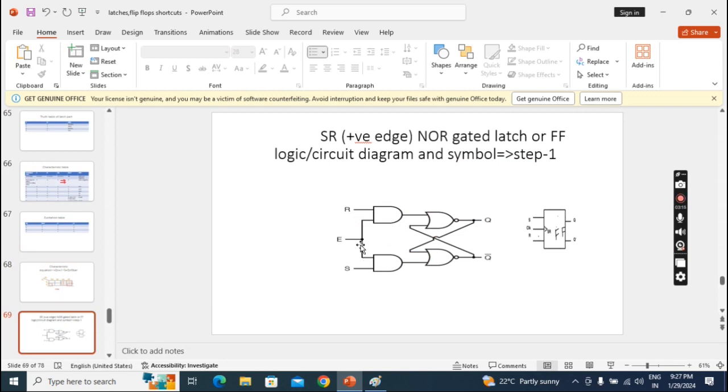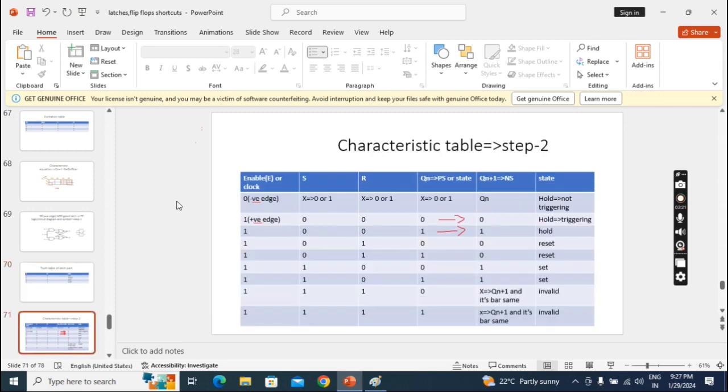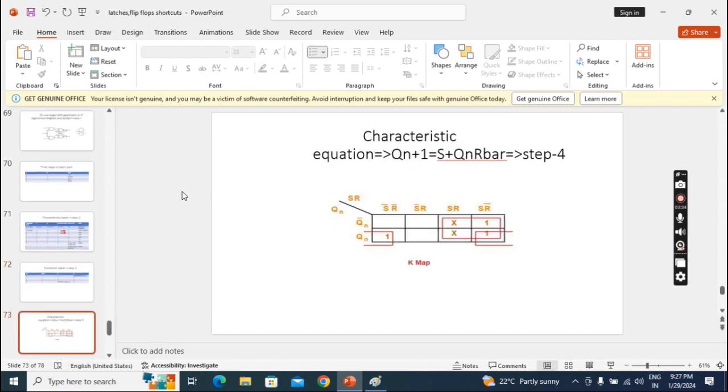Okay. So this diagram is changing. Here triangle will come. Okay. This is latch part truth table. So this is same as whatever we did with the positive level NAND. Okay, this is also same. This is also same.